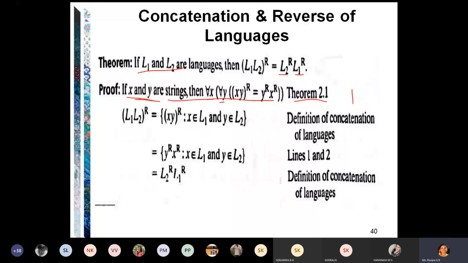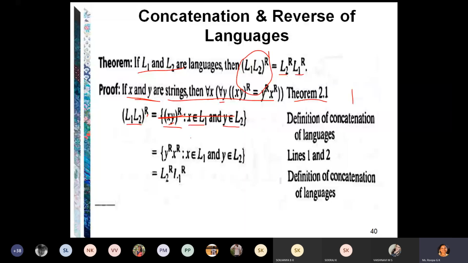Now (L1 L2) reverse. So we'll consider this one now. (L1 L2) reverse is equal to, how to define? (XY) reverse, where X belongs to L1 and Y belongs to L2. From where did we get this? From the definition of concatenation of languages. L1 and L2 are the languages, so L1 L2 means XY, and the reverse, language reverse and string reverse, is given by X belonging to L1 and Y belonging to L2.